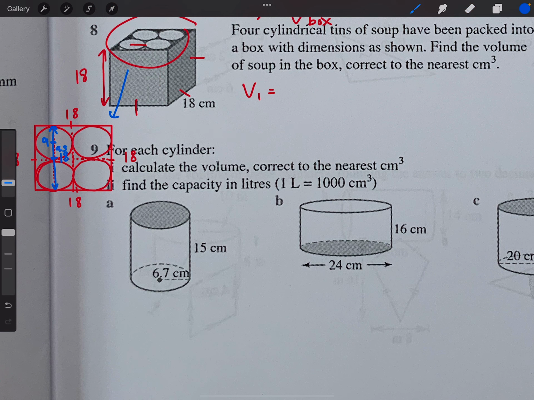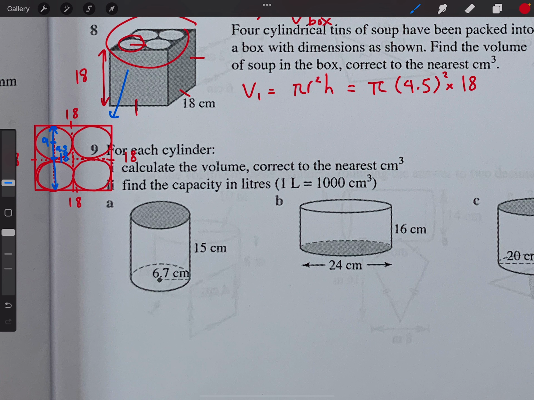Alright, so to find the volume of 1 can, we're going to have pi r squared times height. Pi, we just leave it as pi. R is now 4.5, so 4.5 squared times the height, which is 18.